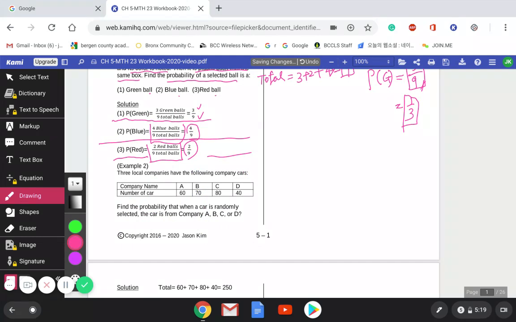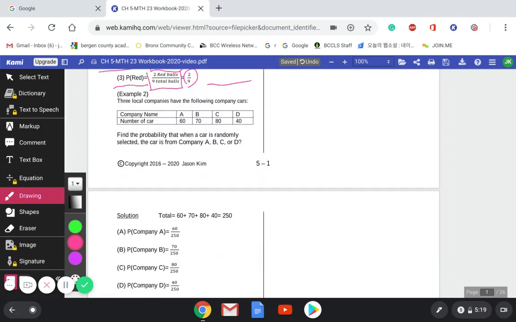Now let's say there is a local company that has the following company cars. Company A has 60 cars, company B has 70 cars, company C has 80 cars, and company D has 40 cars.